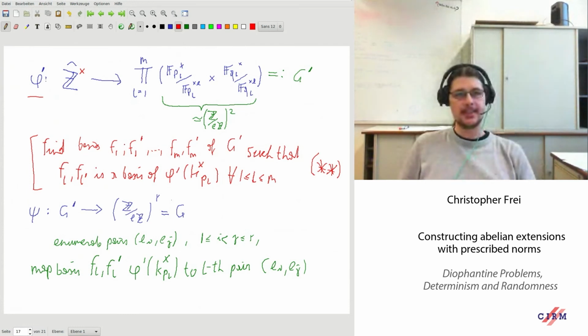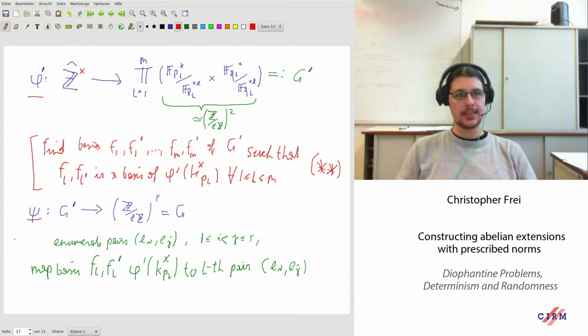We now find a basis F1, F1 prime up to Fm, Fm prime, so 2m basis elements of this G prime, that have the property that each FL, FL prime is the basis of the image of the local field KPL star, for all L.